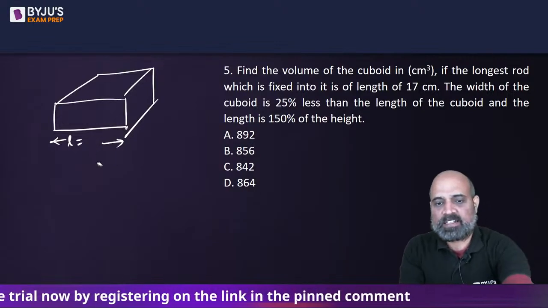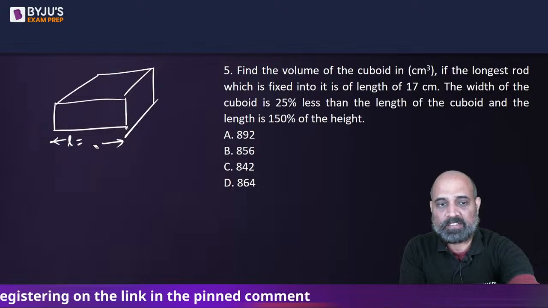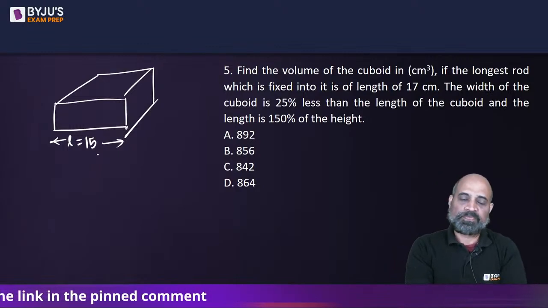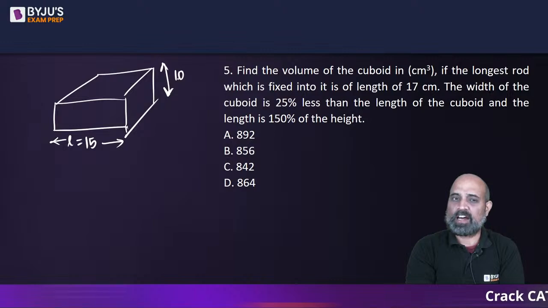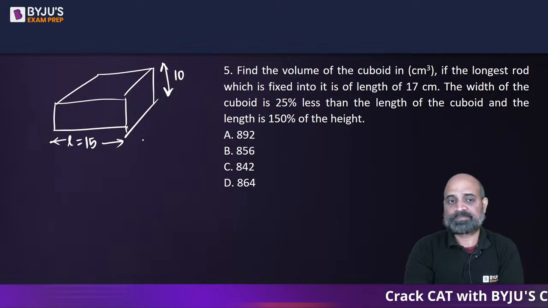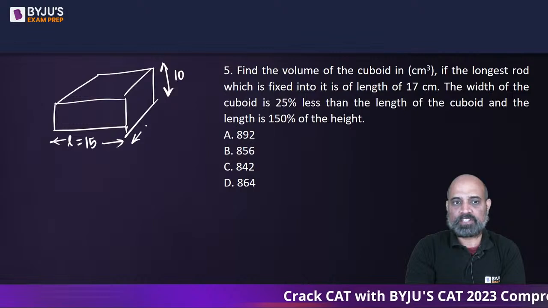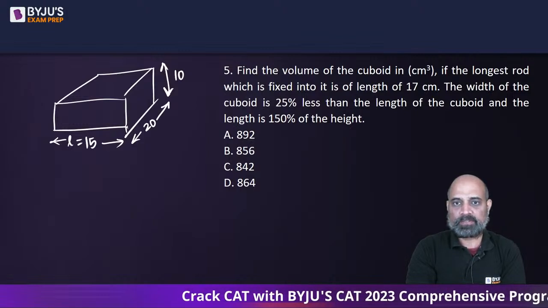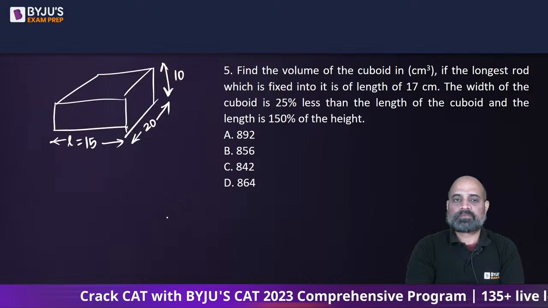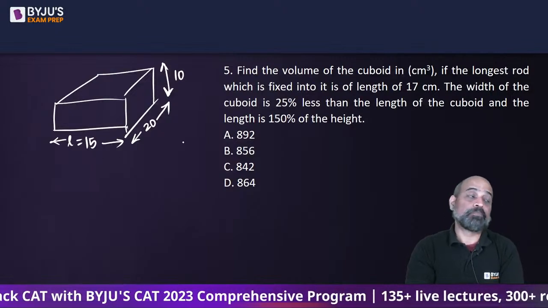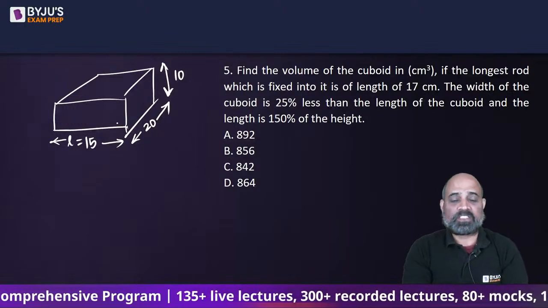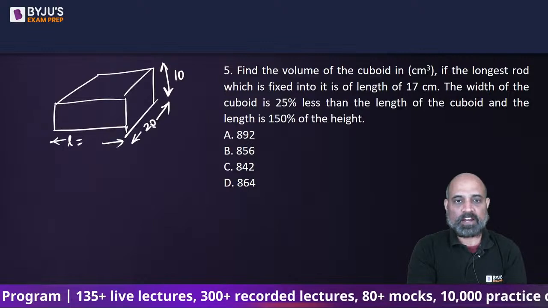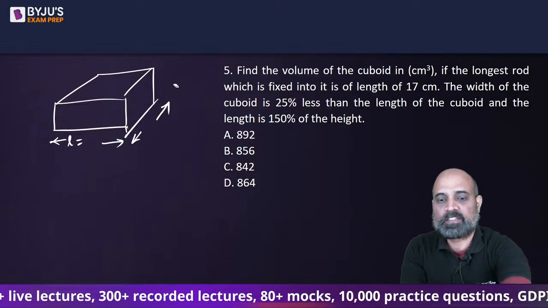So I'll take this as 15. If this is 15, then the height should be 10, so that 150% of 10 is 15. And if you look at the breadth, it should be 20. This is 25% less. So we'll have to carefully choose the value of length, breadth, and height.